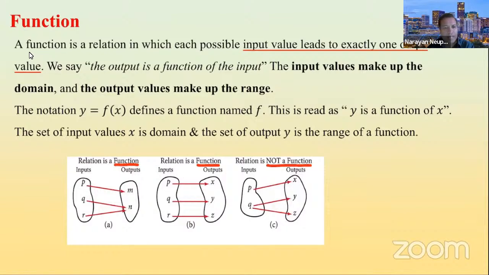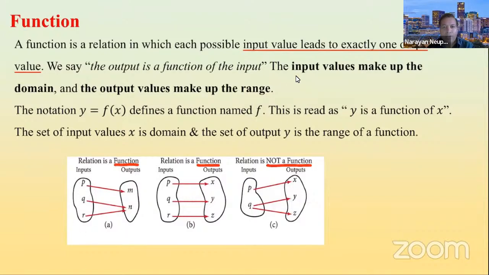So we can say that a function is a relation in which each possible input value leads to exactly one output value. And we say that the output is a function of the input. So whatever we get here, it is the function of these values.